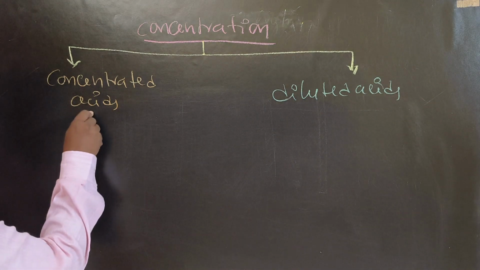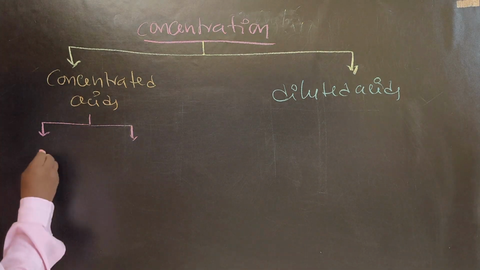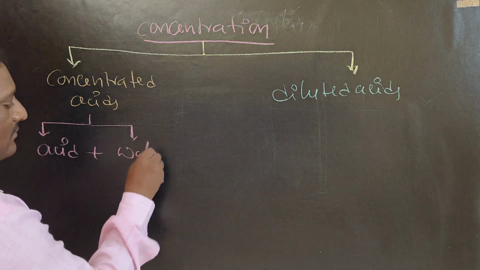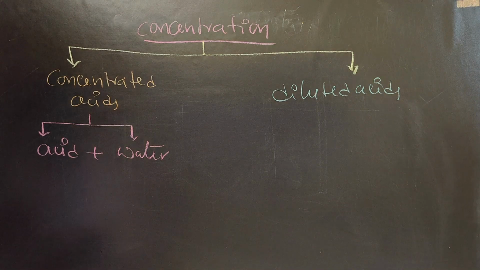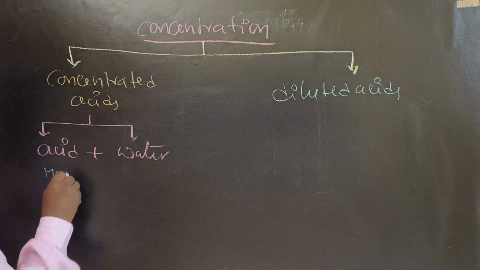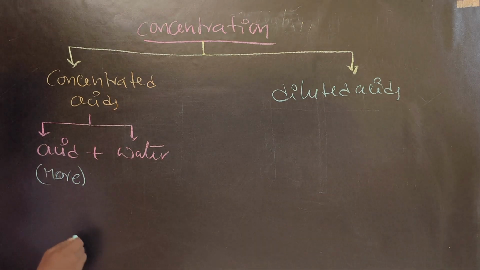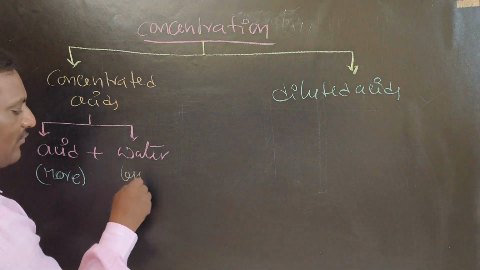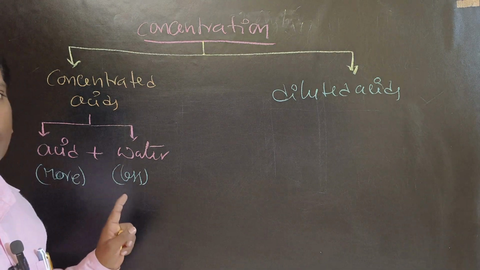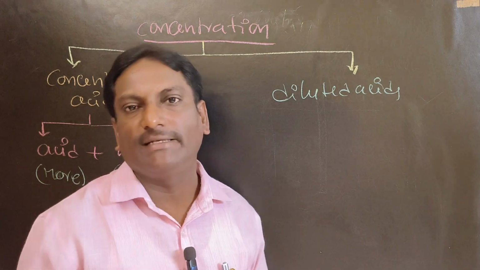Concentrated acids consist of acid and water, but with a large quantity of acid and a less quantity of water, a less percent of water and more percent of acid. This kind of acidic solution is called concentrated acid.